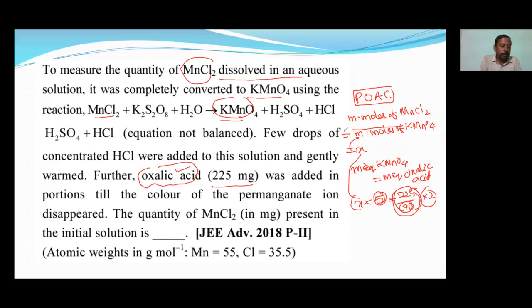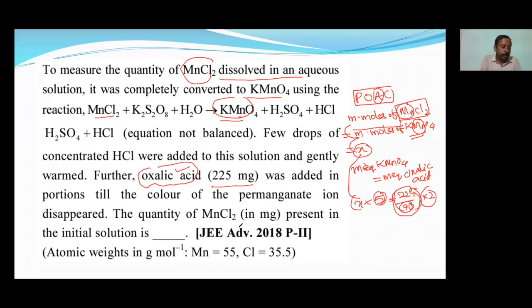KMnO4 will be equal to MnCl2. This is the principle of atom conservation. The number of atoms never increases or decreases, because 1 Mn is here, so the number of moles of KMnO4 produced will be equal to the number of moles of MnCl2 available.